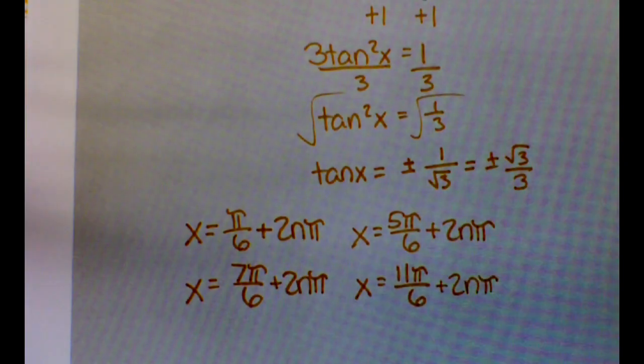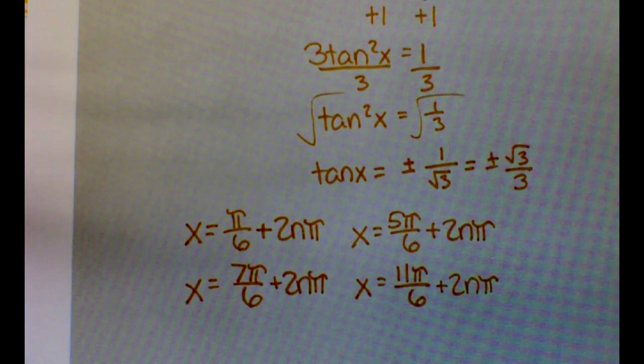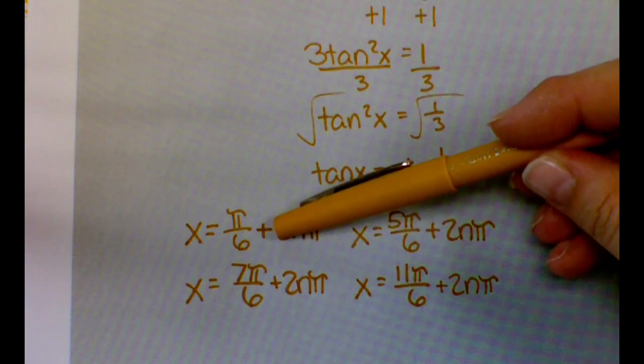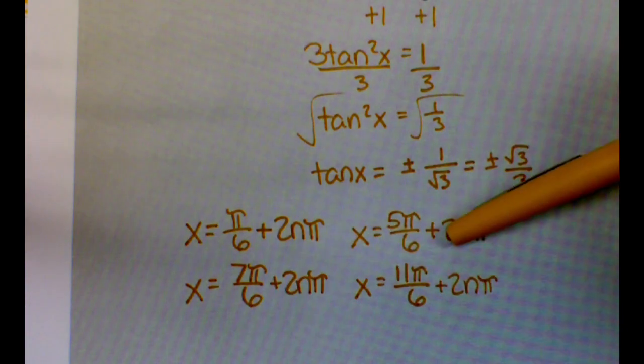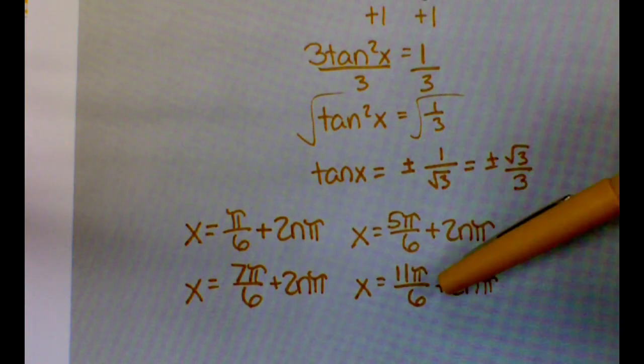Now this answer is absolutely fine. It's correct. It'll work. But what happens if I take pi over 6 and add pi? I get 7 pi over 6. If I take 5 pi over 6 and I add pi, I get 11 pi over 6.